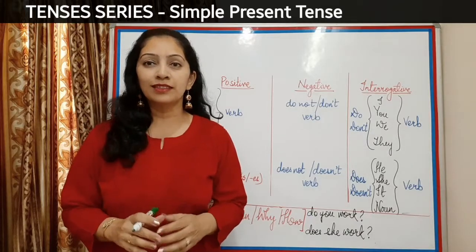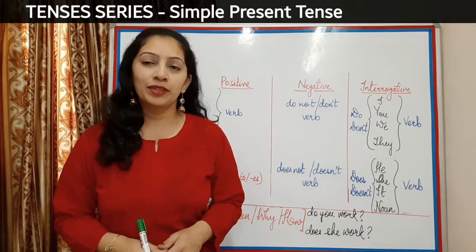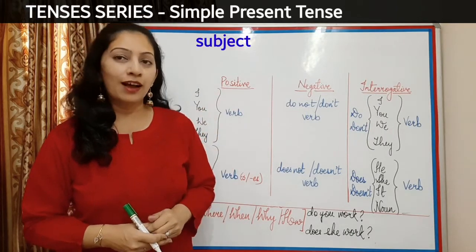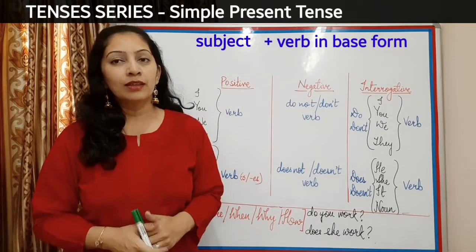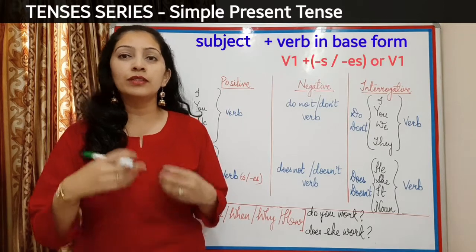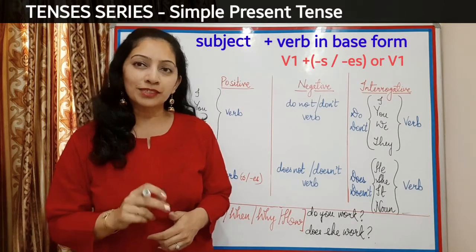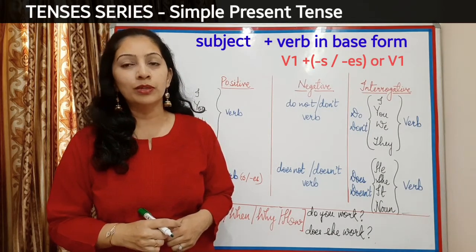Now at the onset, let's first look at how to form present simple tense. The first thing that you put in a sentence is a subject. After the subject, you put verb in its V1 form. Now this verb depends on the singularity or plurality of the subject. If the subject is singular, then you add an S or ES to the first form of the verb.